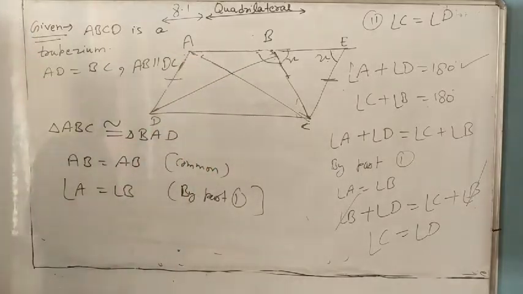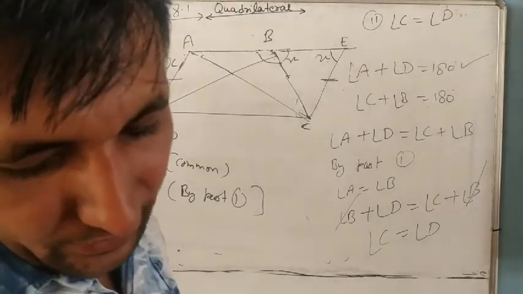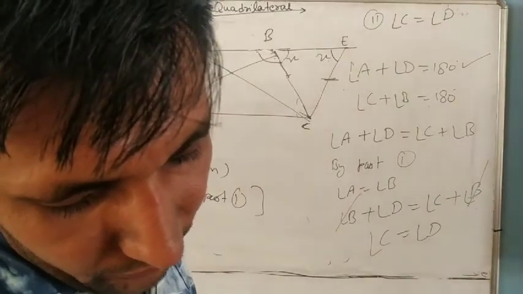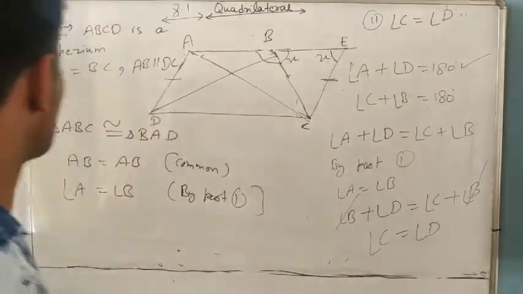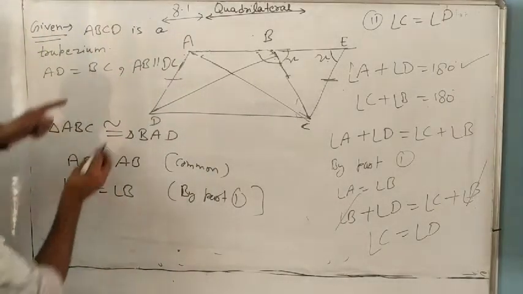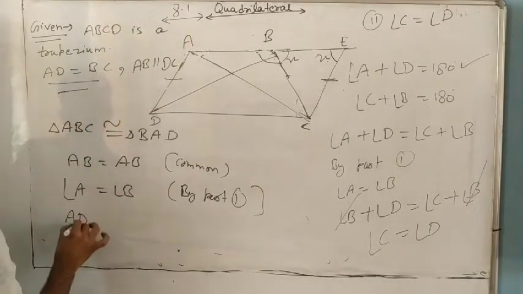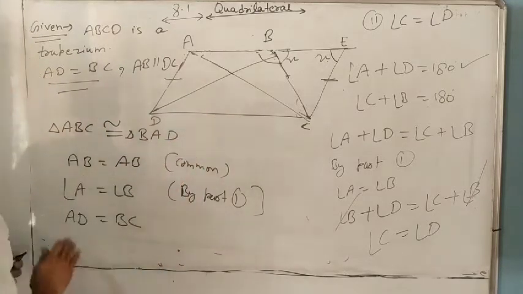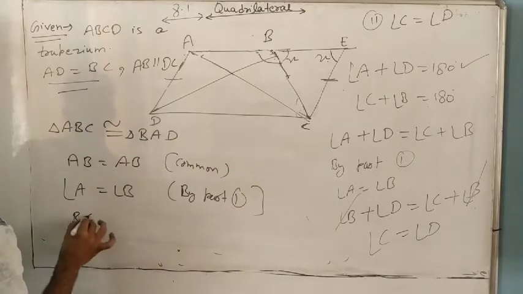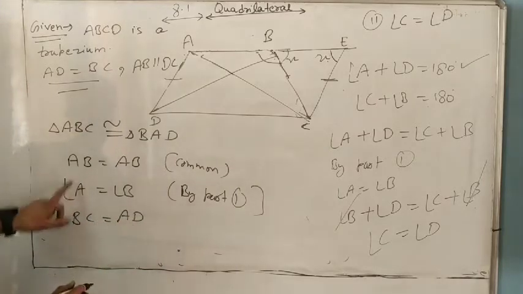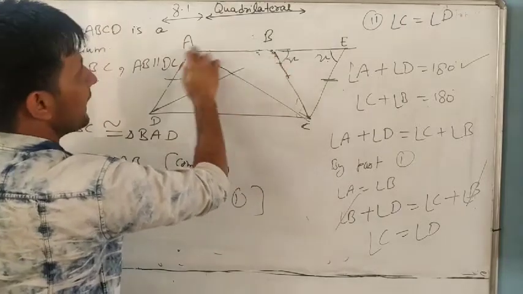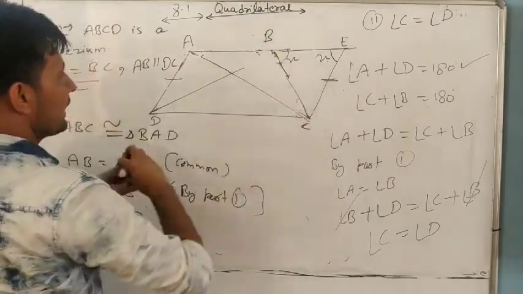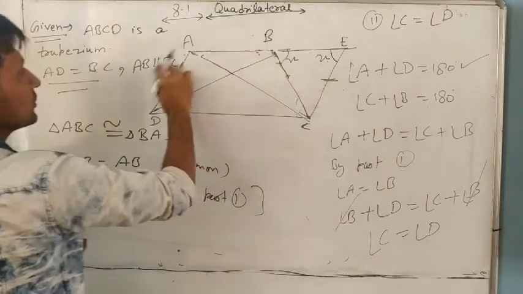Next, which one is equal? Always use the first and second parts. In the question, what is given? AD equals BC. AD is in which triangle? BAD. We can write BC equals AD. BC is in ABC, and the other is ABD. So these are also equal.